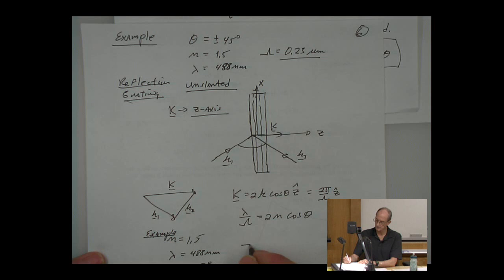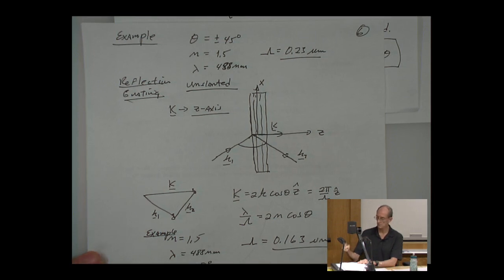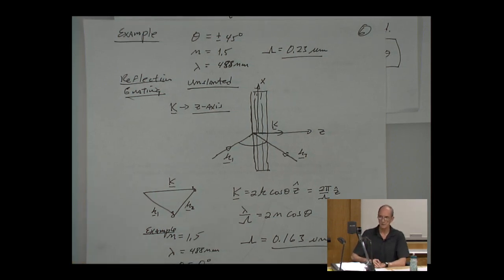In that case the period is equal to 0.163 microns. So it could be even smaller than the unslanted transmission grating case. Okay, so pretty small. Considering we can make these in relatively inexpensive recording materials, we can make some very high frequency grating structures.